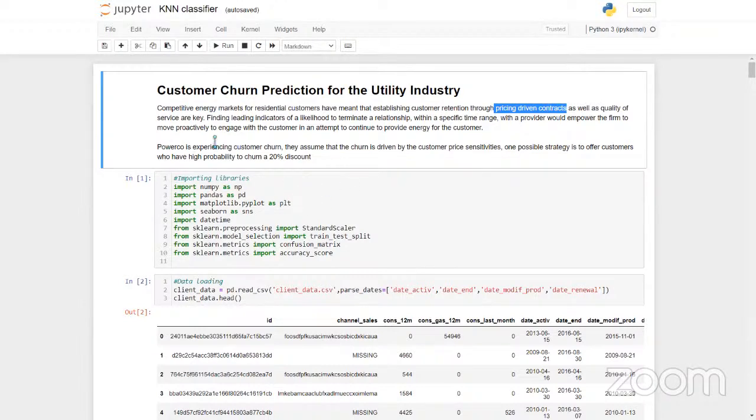PowerCo has provided us with this data set, which is freely available. Anyone can download it. Here they are assuming that churn is due to customer price sensitivity, and they are trying to offer them a 20% discount. So on this we'll be working.